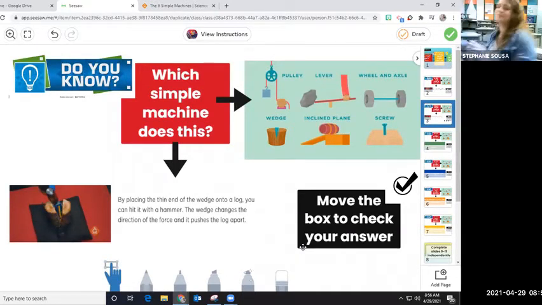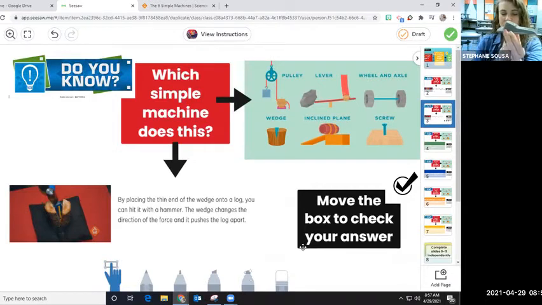Here you are. This is a doorstop. This doorstop is a wedge because the door goes over the wedge and then it can't move. So a wedge can split something in half like a log, or it can hold something in place. If you've ever seen ends of a book have something holding up against them, it's called a book end.